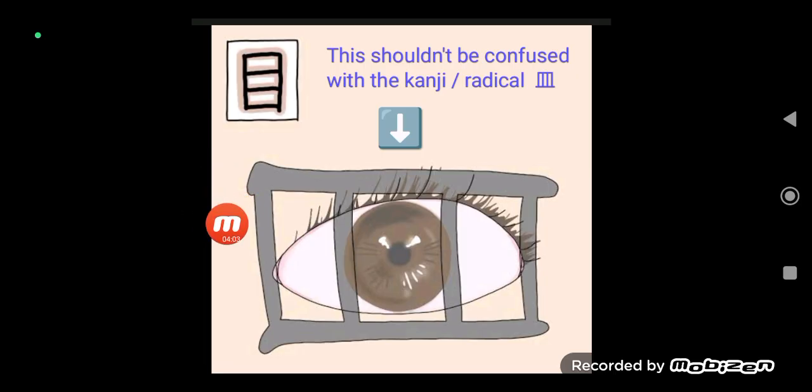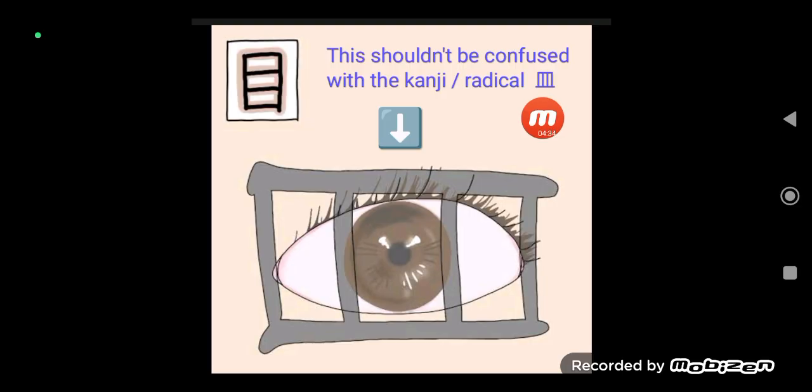to make it rather easy to relate to the human eye. And as you can see, it's like an eye. The depiction or drawing is like an eye, and this gray part here should not be confused with the kanji radical sara, or plate or dish.